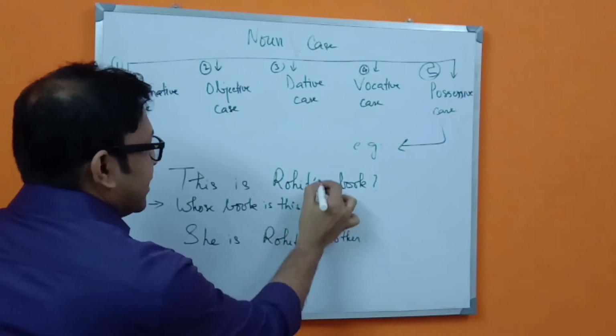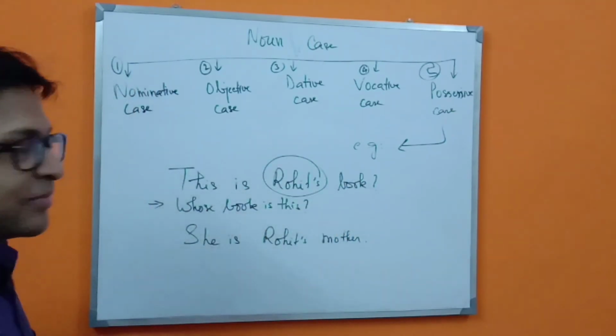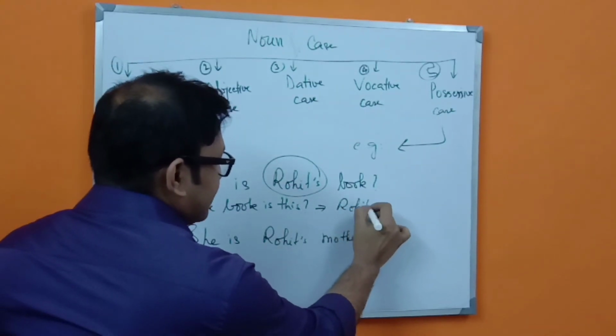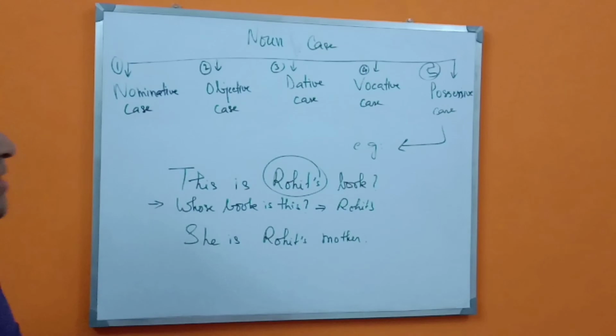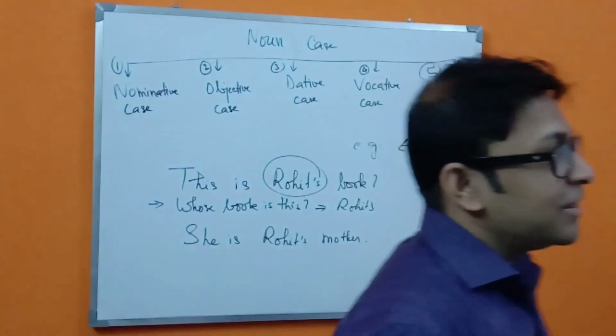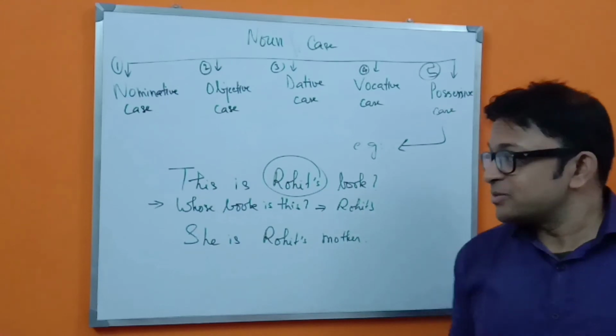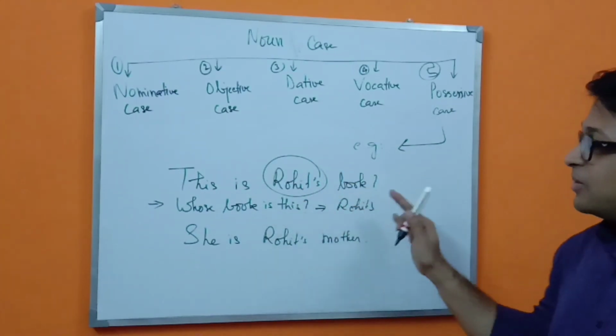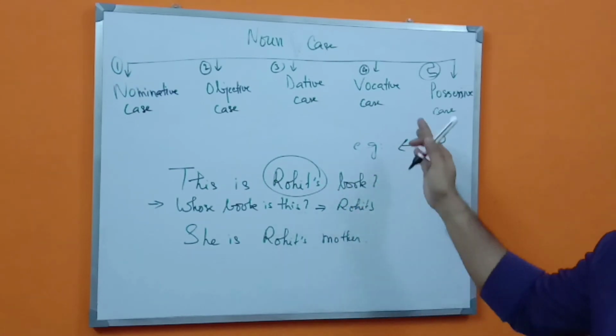What answer you are getting? Rohit's. This is how we are going to question by using whose, and you will be getting an answer. That means Rohit is the possessor of this book. So this is our possessive case.